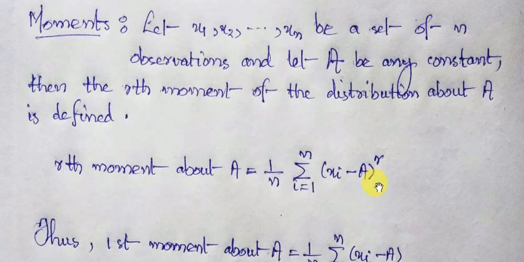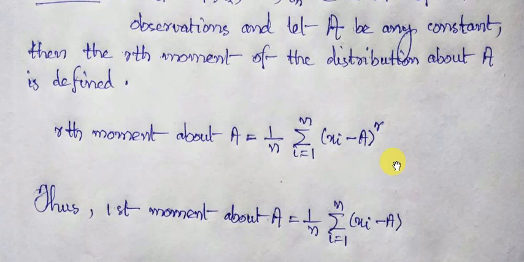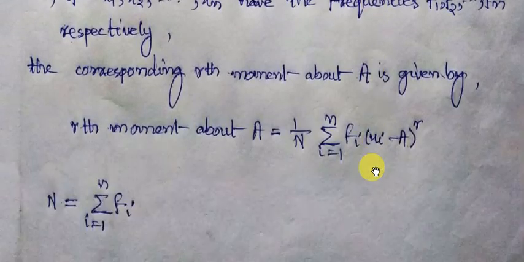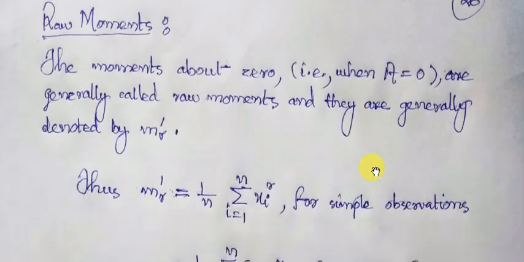We are free to consider any real constant as we like. But if we constrain ourselves to consider this real constant specifically as 0, then that specific moment will be termed a raw moment.